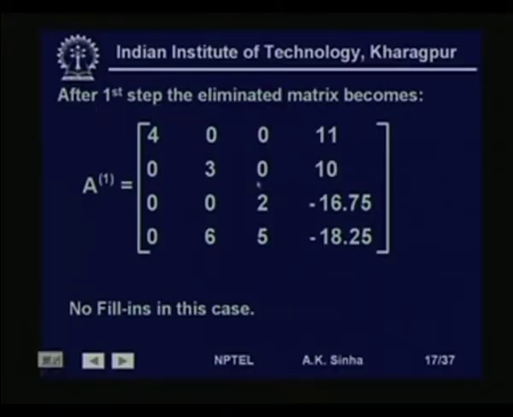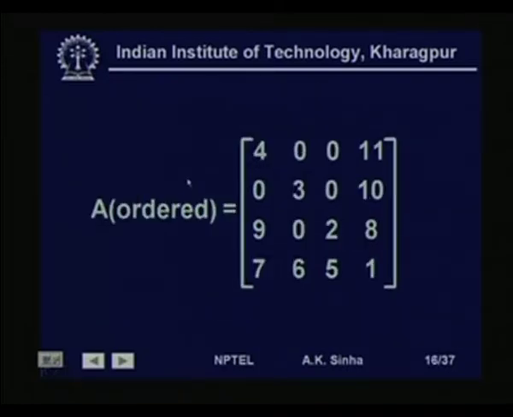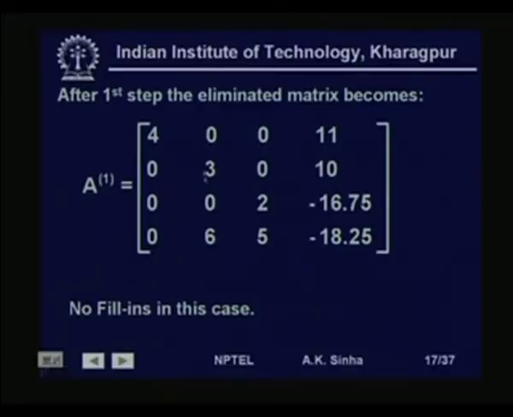We find that all the 0 elements which were there are still 0 in case of this matrix. These are all zeros which were there, and these are still remaining 0 while the factorization process goes on. That is, there is no fill-in which occurs in this case.